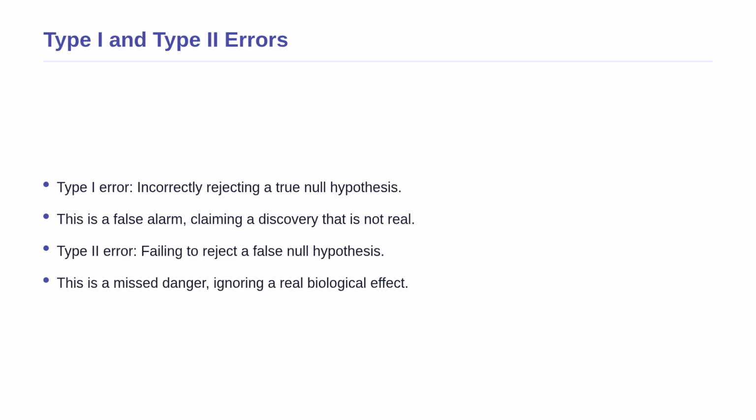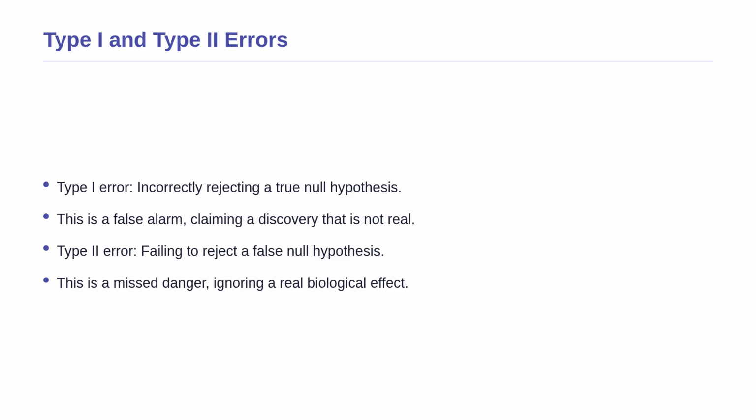With our hypotheses clearly defined, let us look at how our decisions can go wrong. A type 1 error occurs when we incorrectly reject a true null hypothesis. In plain terms, this means we claim a scientific discovery that is not actually real. It is our false alarm.